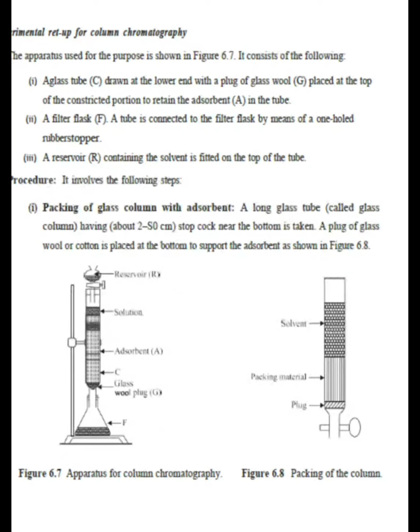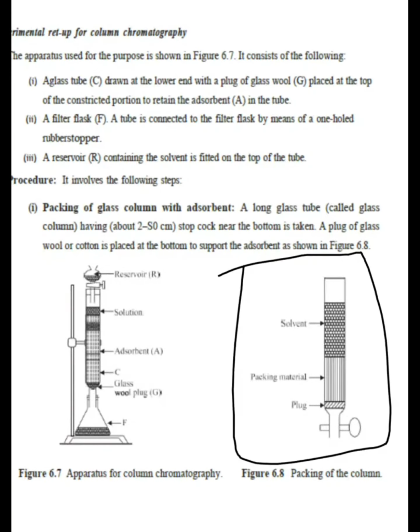The size of the column will be bigger than a burette, whose diameter is maybe 1 centimeter. For this, the diameter of the column will be around 2 to 5 centimeters. For the separation, we use cotton or glass wool here.